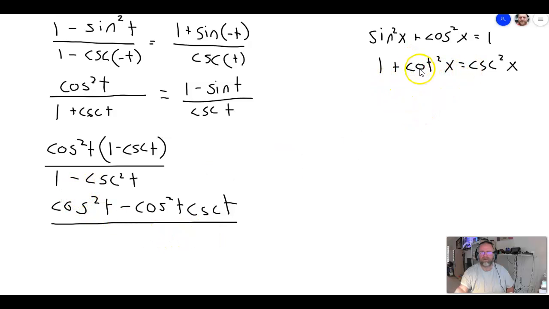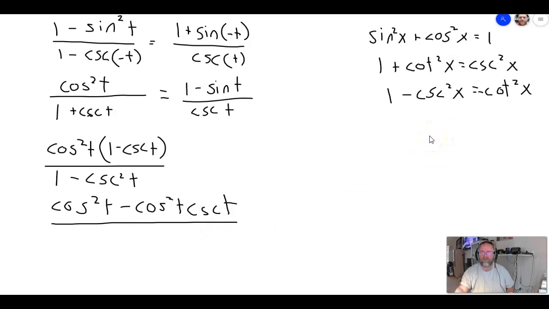So notice that if I subtract cotangent squared of x and cosecant squared of x from both sides, I'm going to get 1 minus cosecant squared of x is equal to negative cotangent squared of x.